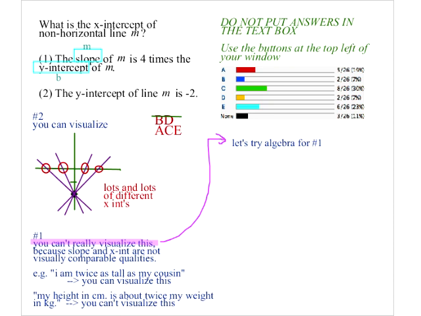So that means you have a substitution where m is 4 times b. So make the substitution m equals 4b. Once you do that, in the text box, what does your equation look like?